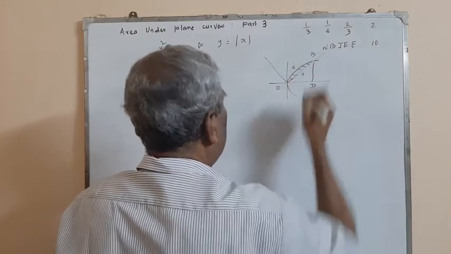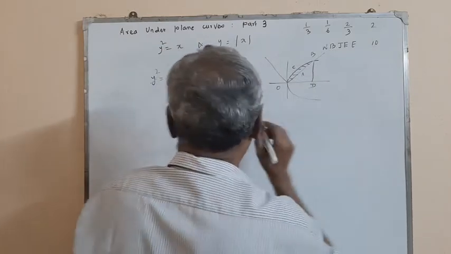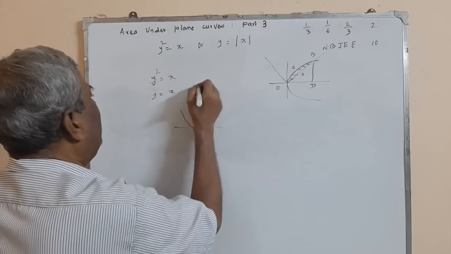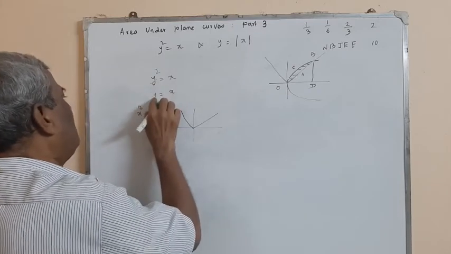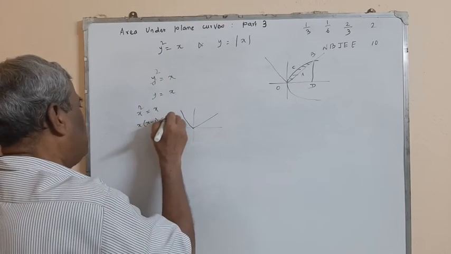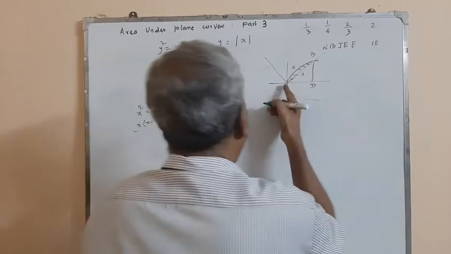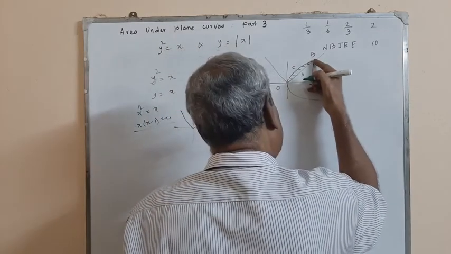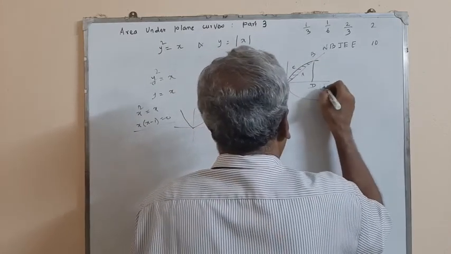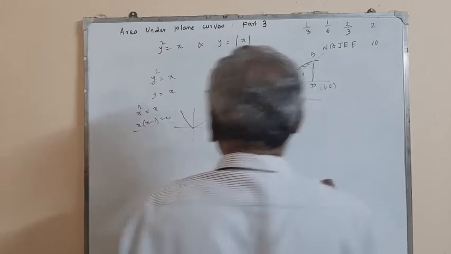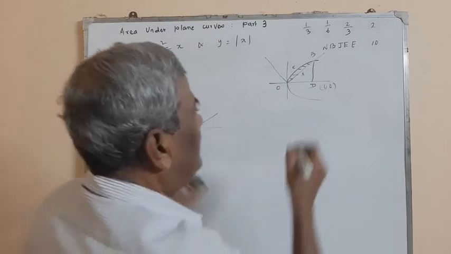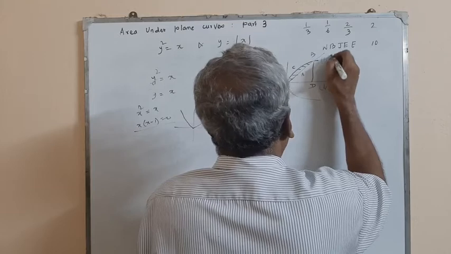That branch is for x positive, so y is equal to x. So we get x square is equal to x, that is x into x minus 1 is equal to 0. So obviously 0, and the x coordinate of B is 1. That point is 1 comma 0, and point B is when x is equal to 1, y also equal to 1. So B point is 1 comma 1.